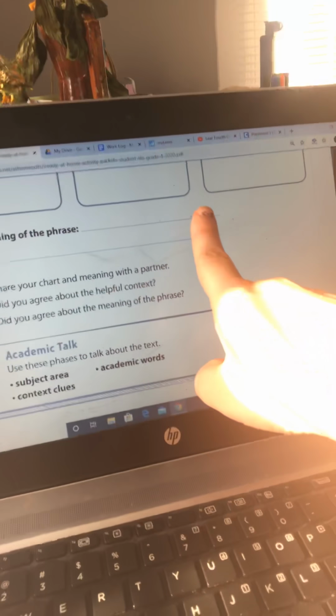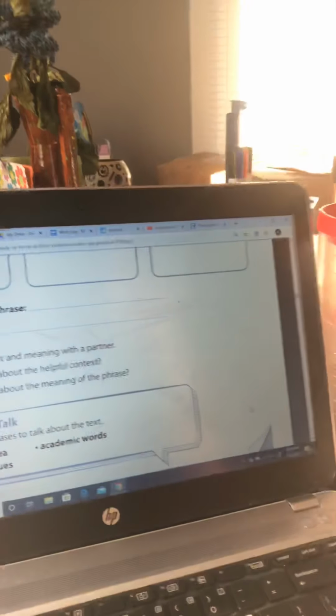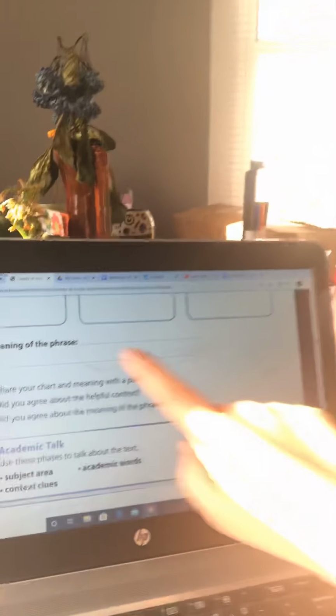So you'll put conceived of means to think of a new idea. Let me say that again. Conceived of means to think of a new idea. Period. And I better see a capital at the beginning of that sentence. Okay, pause that, put that down, and then come back.